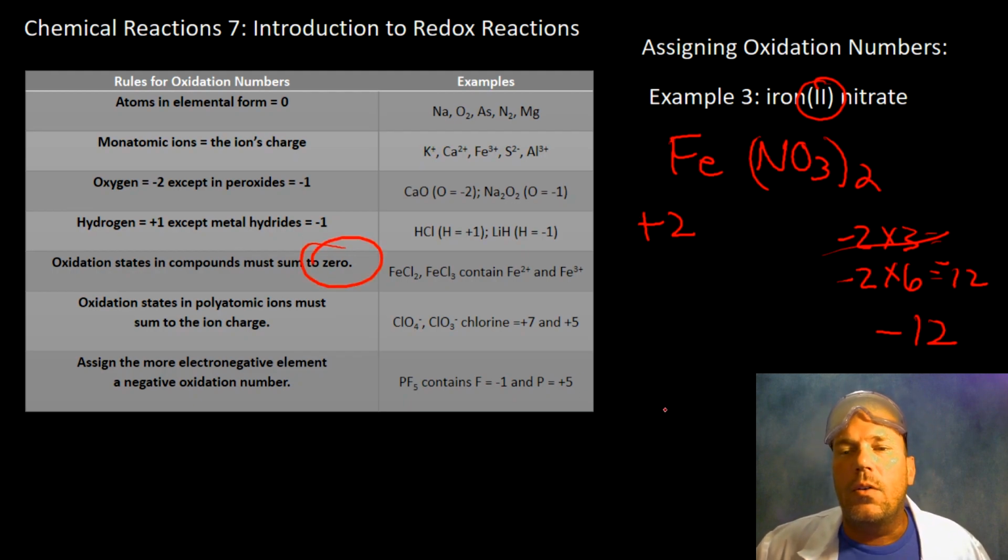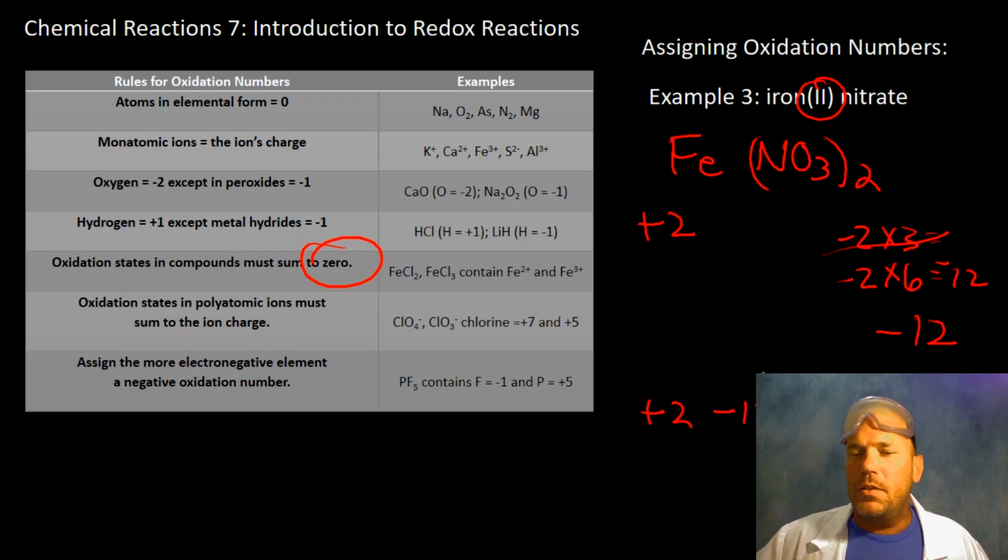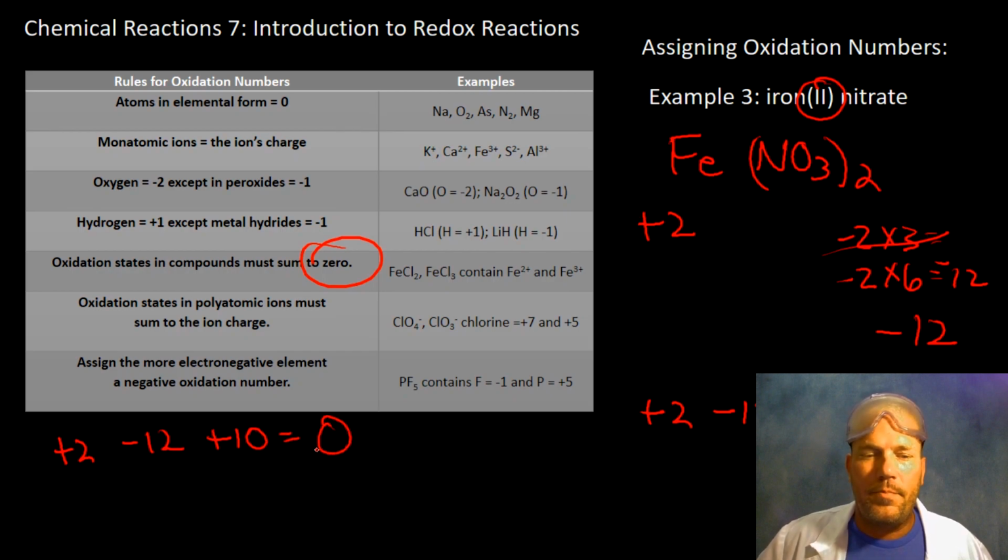Now we have a +2, we have a -12, and we have a blank, and we want to equal 0. So we know that this would need to be a +10. Nitrogen's not +10, but there's 2 of them. So I'm going to go ahead and rewrite this because I just realized where I was writing. You probably can't see. Sorry about that.